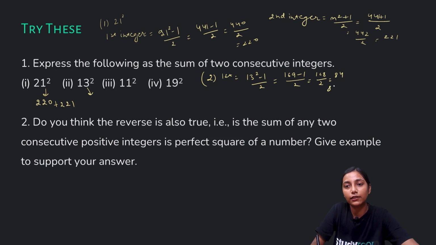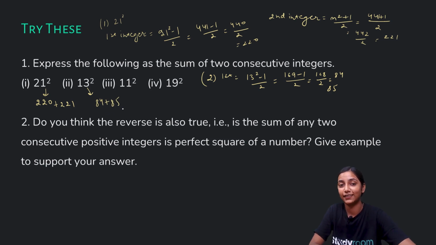If one is 84, the other one will be 85. So 13 square, that is 169, can be written as the sum of two consecutive positive integers, and those are 84 plus 85. You can check it by adding these two numbers, you will get 169, that is the square of 13. The other two are going to be done in a similar way. Do this yourself. Have a practice for solving such questions.